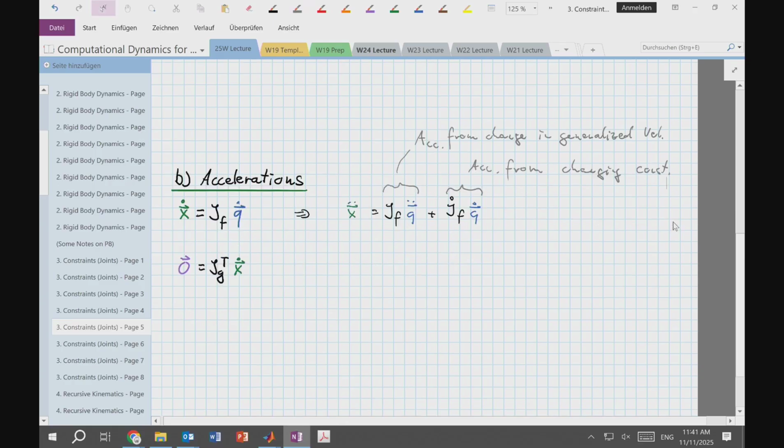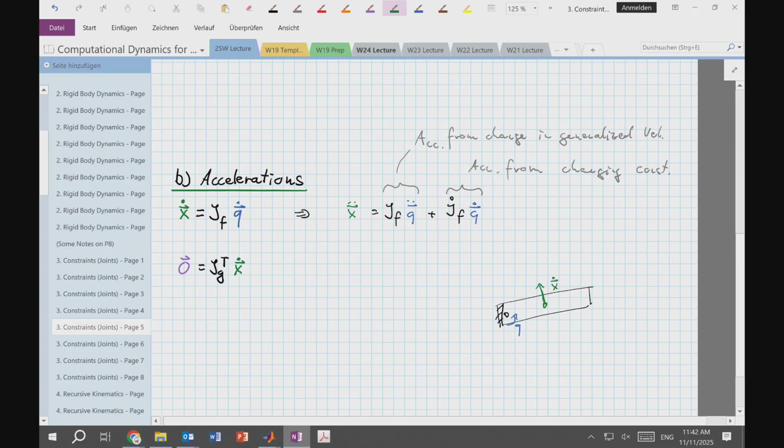And I can make a quick drawing going back to our original example, right, where we had basically this idea of a door described by the position here in the middle. And depending on how fast we move here in our q variable, we will get an acceleration of this point this way.